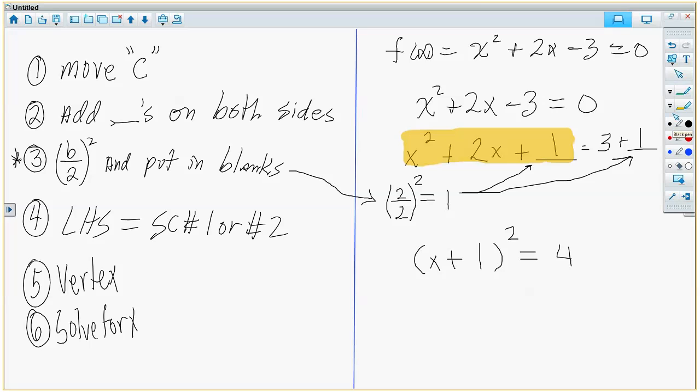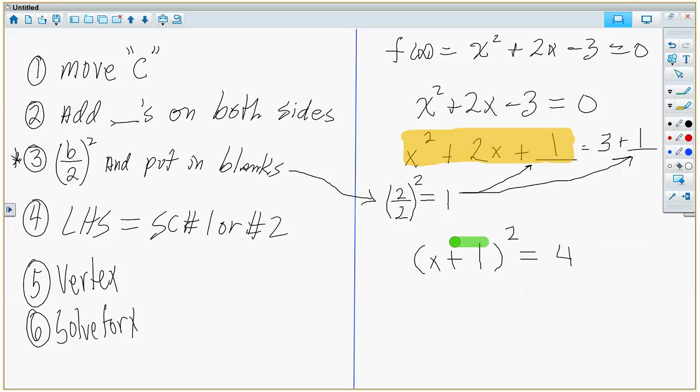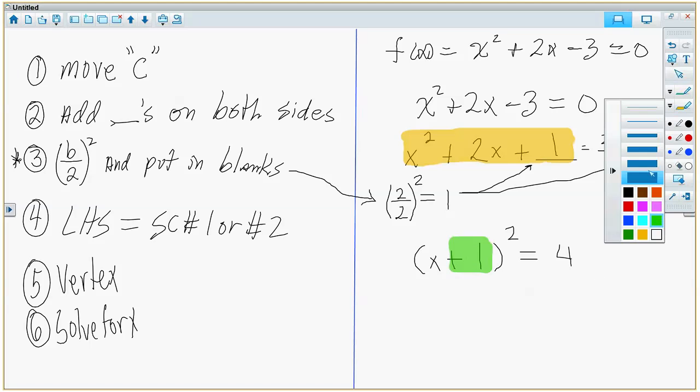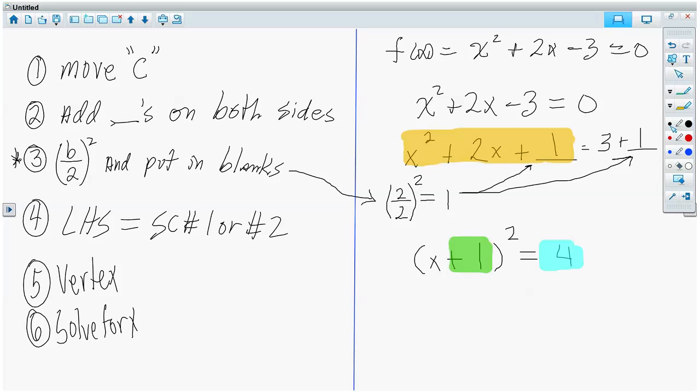I'm going to take my green highlighter and highlight this, because there's your H. And I'm going to take my aquamarine, and there is my K.